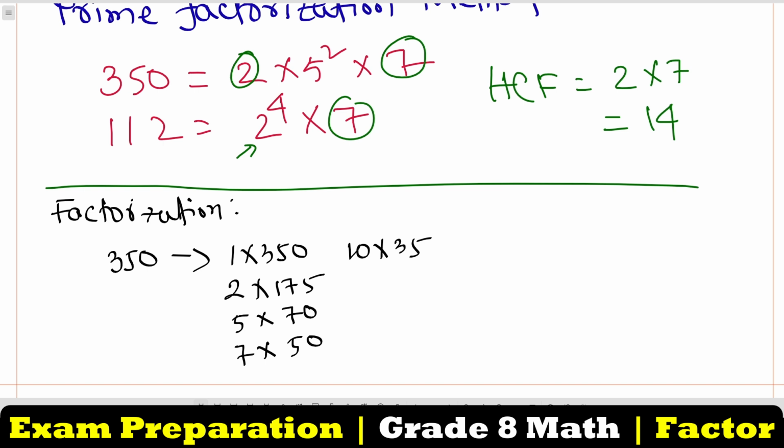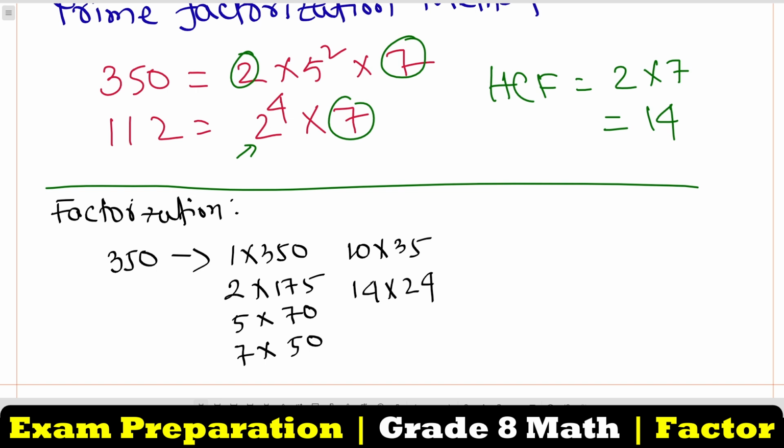Is 350 divisible by 12? No. By 13? No. By 14? Yes, 14 times 25. 15?